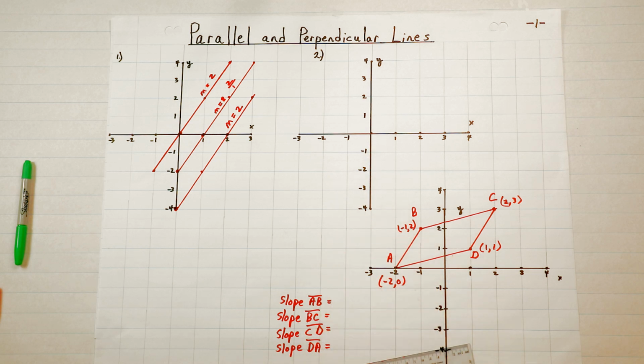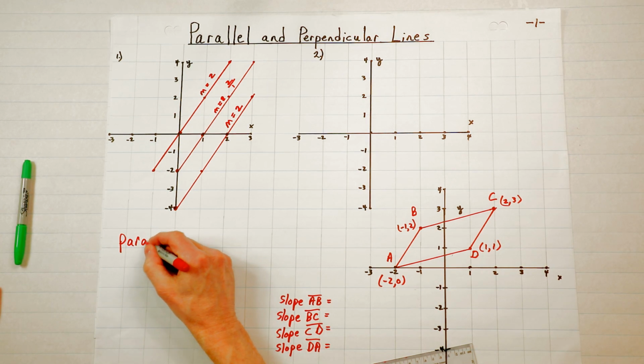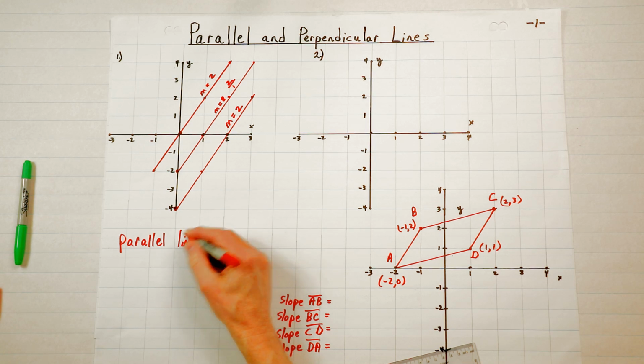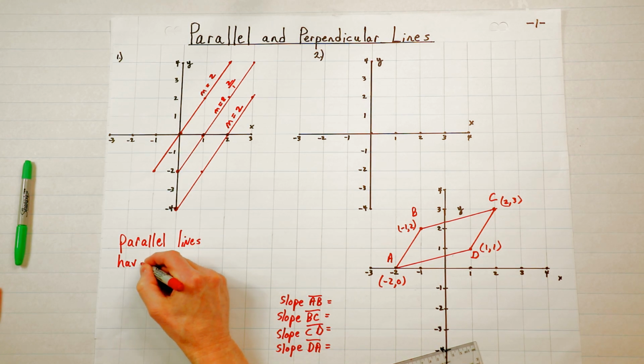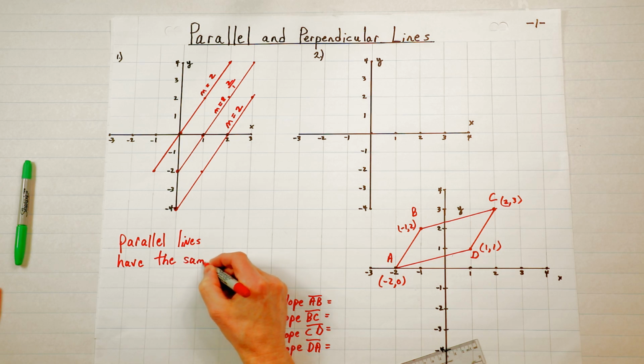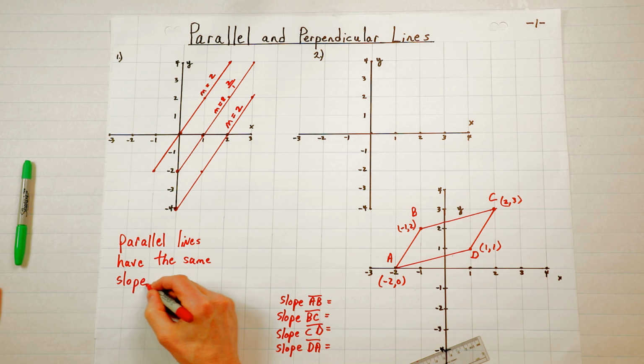So that is the first mini lesson for today. Parallel lines have the same slopes, or equal slopes.